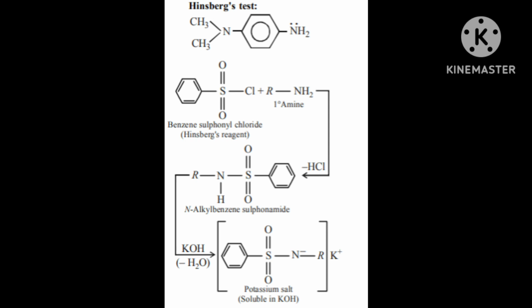In the first case, because it was primary, there were 2H on N, then 1H went with Cl as HCl, and 1H was remaining. But here only one H was there, and that went as HCl, so no H is left. That's why it is not soluble in alkali. Okay, this is the main reaction.